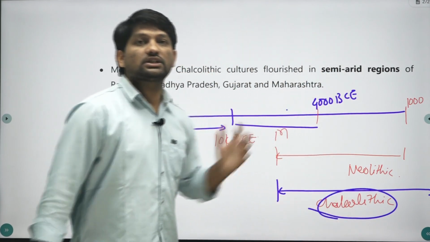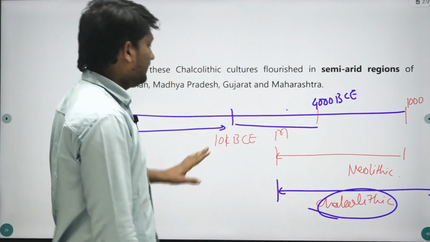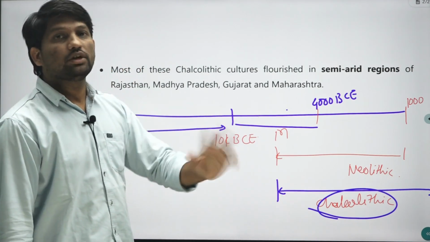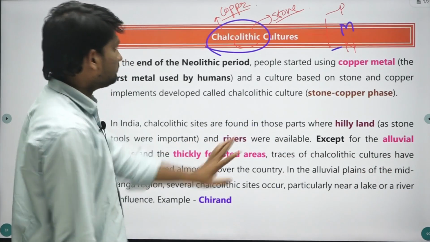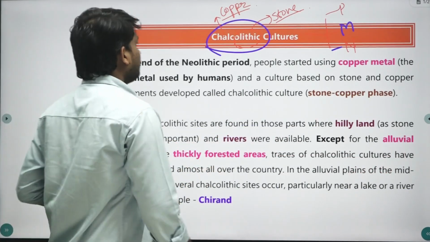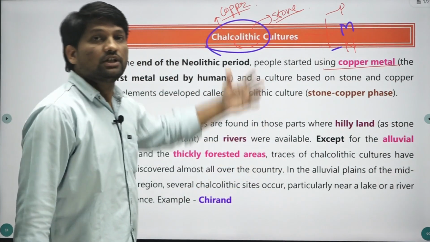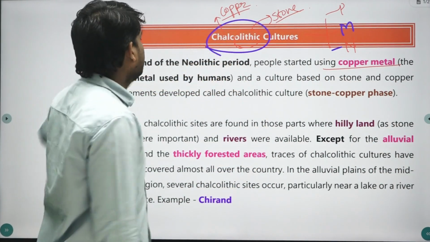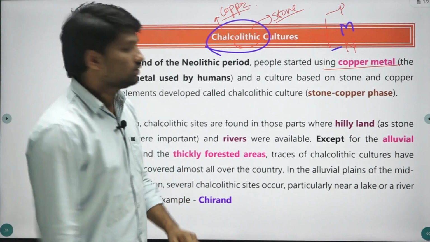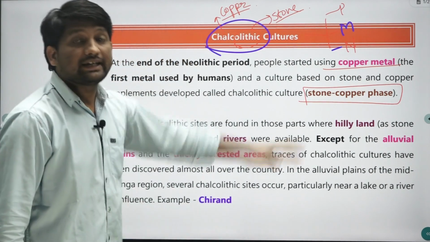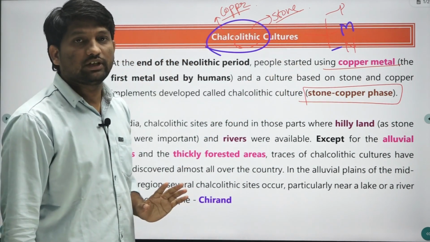Copper was the first metal used by humans. The Chalcolithic period spans from 4000 BC to 700 BC. So basically for the first time humans started using copper metal. Even during this period they were still dependent on stone. So we call this the copper-stone phase or Chalcolithic culture or period.